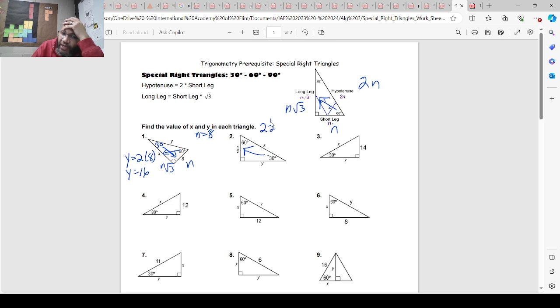And if n is 1/2, then this value is 2 times 1/2. Got a little ahead of myself. So I got 2 times 1/2. The 2's cancel off and I got 1. So x equals 1.